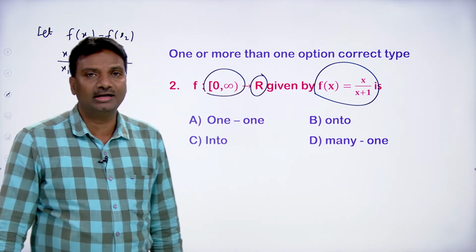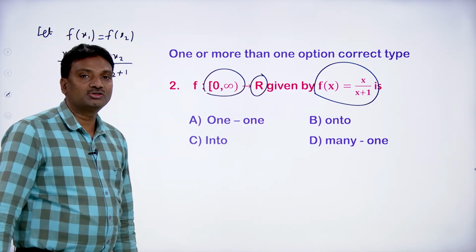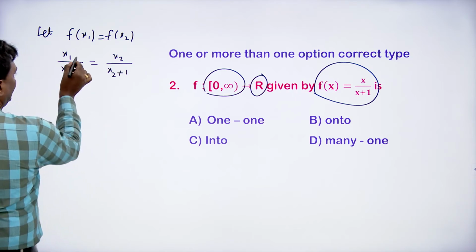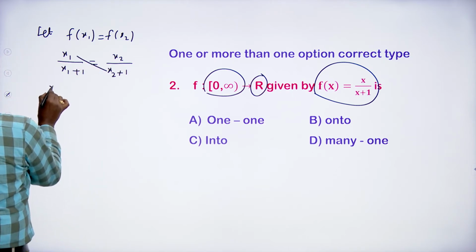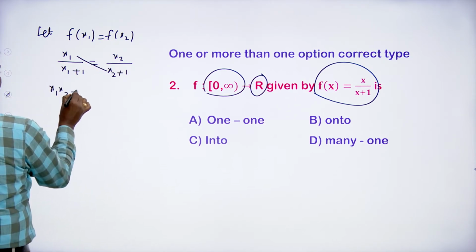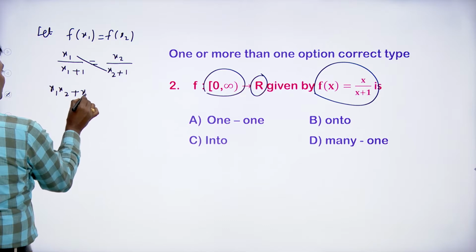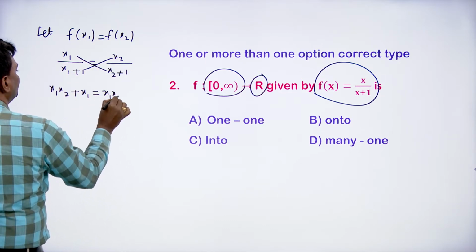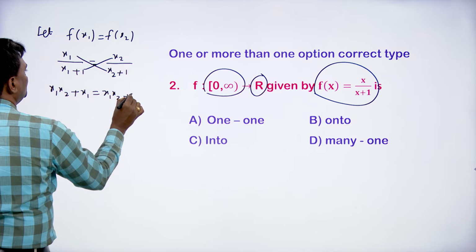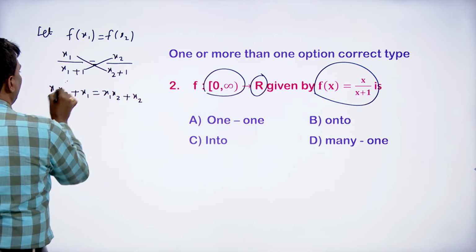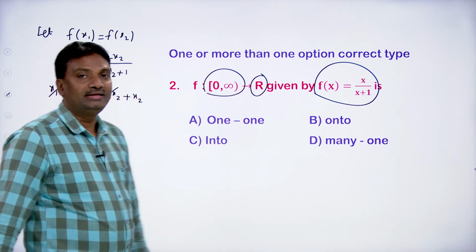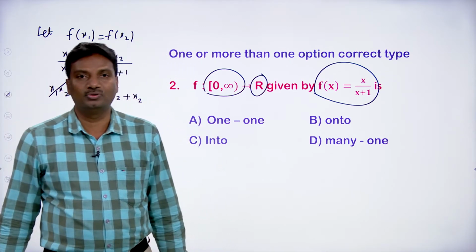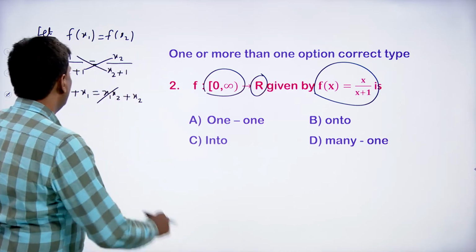So, by considering f of x1 equal to f of x2 with respect to the given function, we can write x1 by x1 plus 1 equal to x2 by x2 plus 1. By cross multiplying, x1 into x2 plus x1 into 1, that is x1, equal to x1 into x2 plus x2 into 1, that is x2. On both sides we can cancel x1 x2.